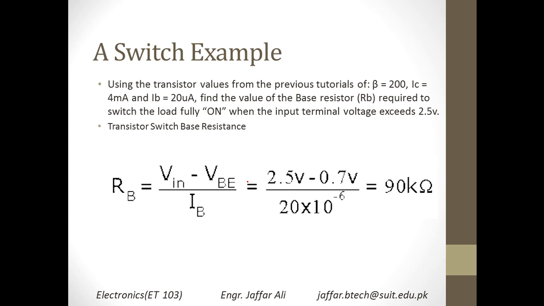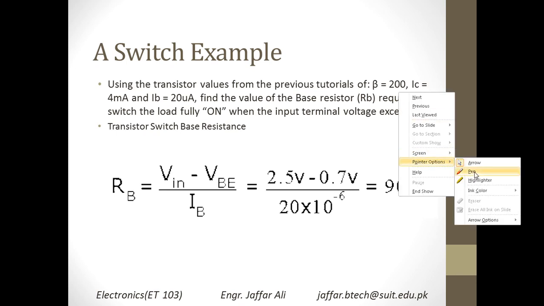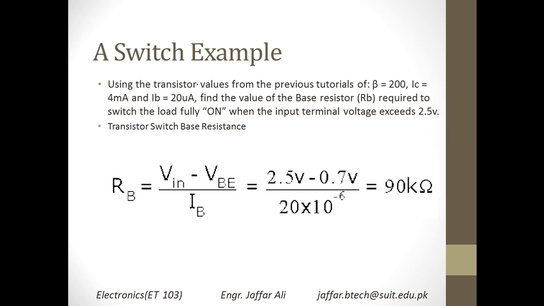Using the previous values, where beta is the transfer gain, I've already told you that beta is equal to IC divided by IB. The value of beta is equal to 200, the output current, that is the collector current, is given as 4 ampere, and the base current is 20.